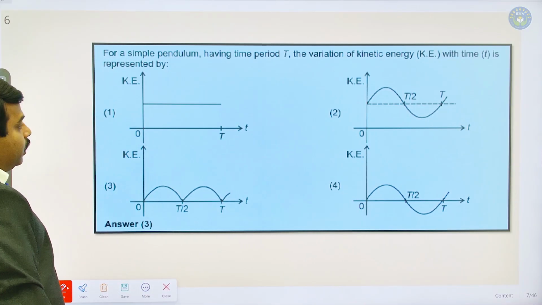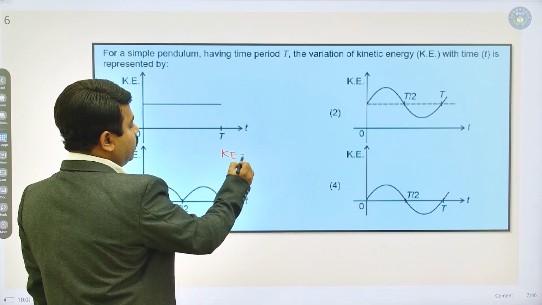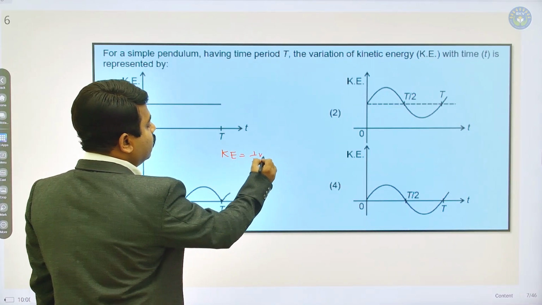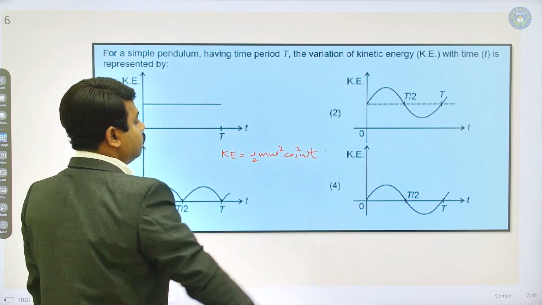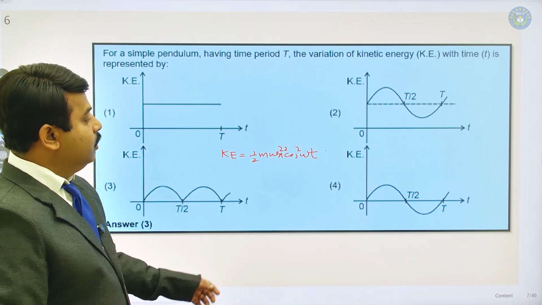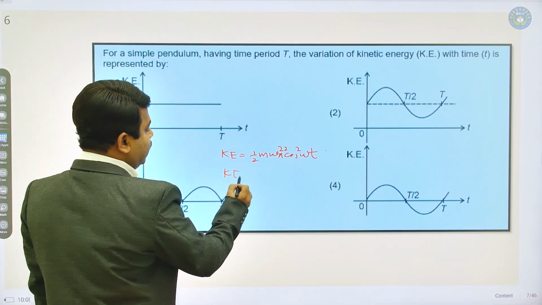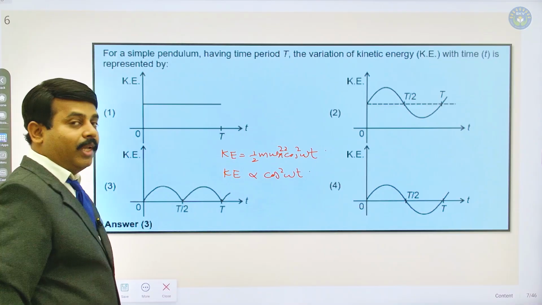See, here the kinetic energy expression we already studied in class, that is half m omega square A square cos square omega t. Here A square is the amplitude square. So kinetic energy varies with cos square omega t as a function of time, right?